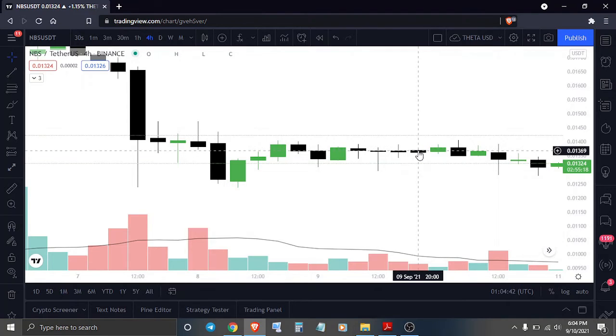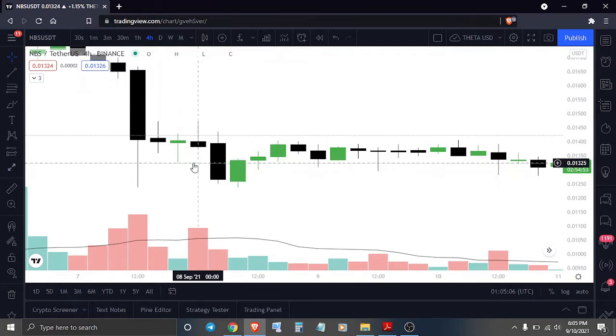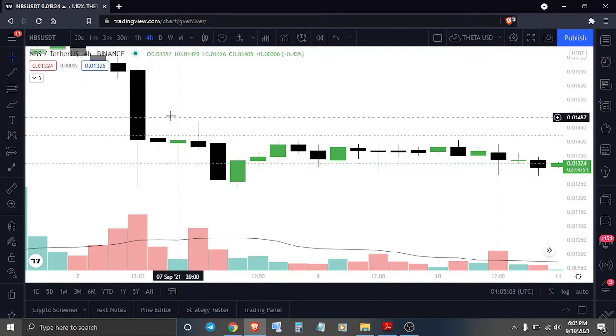Then it went back down to the lowest level, and then you see it went back to close here because of some pressure. So this is how they are formed, whether they are big or small or have different sizes.